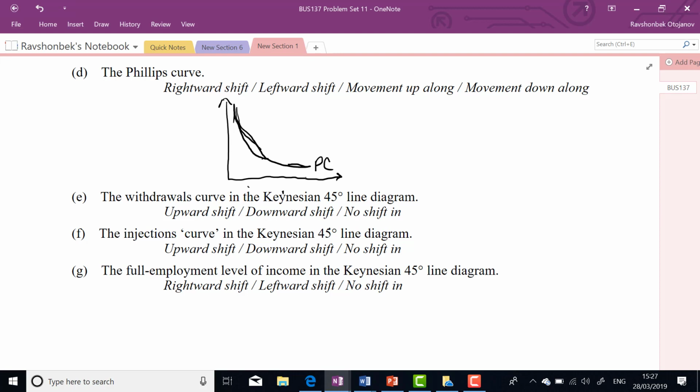Supply side policy means we're employing more resources to produce more. So there will be a leftward shift. So at a given inflation I or J, we have less unemployment. Yeah, unemployment decreases. And remember, this is unemployment here, and this is inflation here.